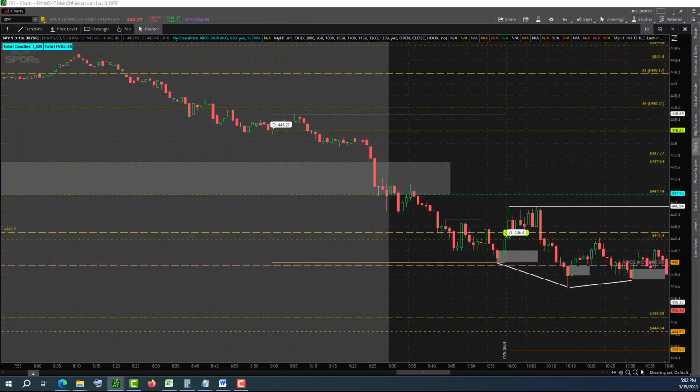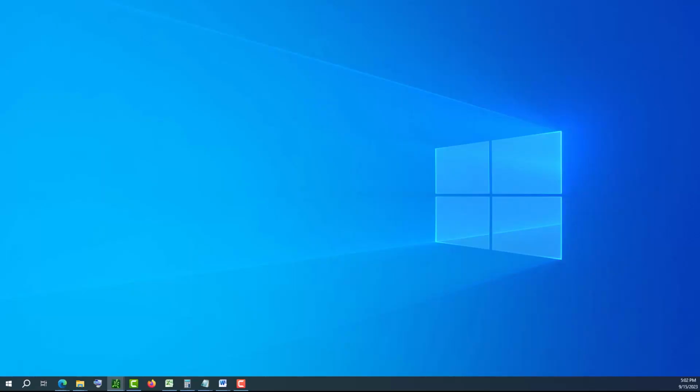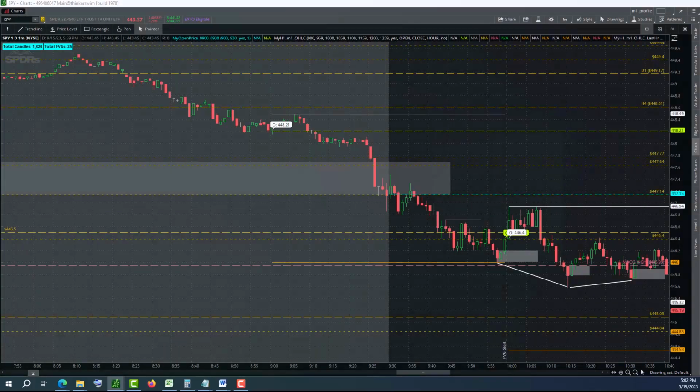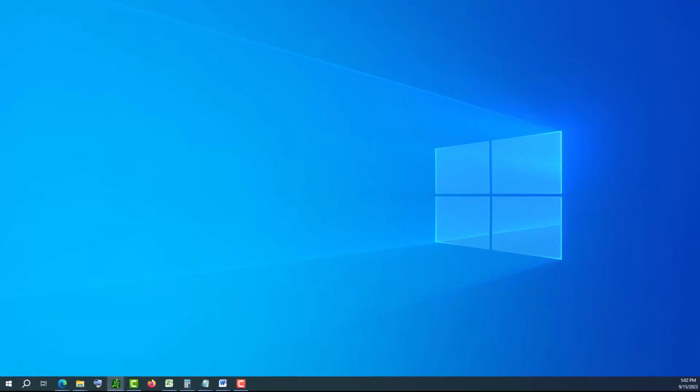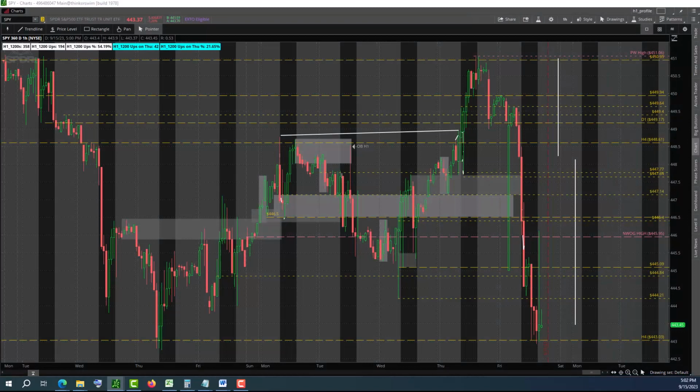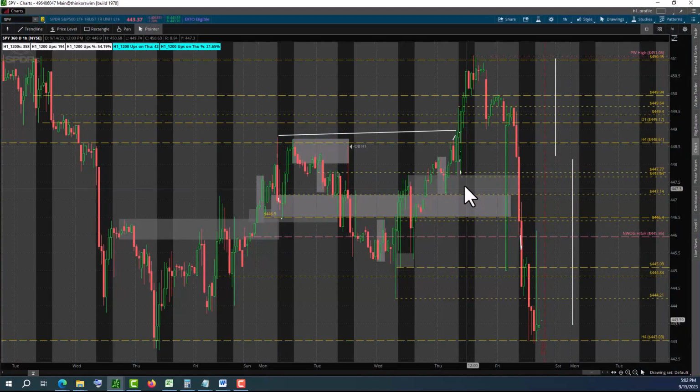I think I did mention this morning that for some reason we were gun shy. We could not pull the trigger. That's the thing we're working on. So basically that level right there, the support level.